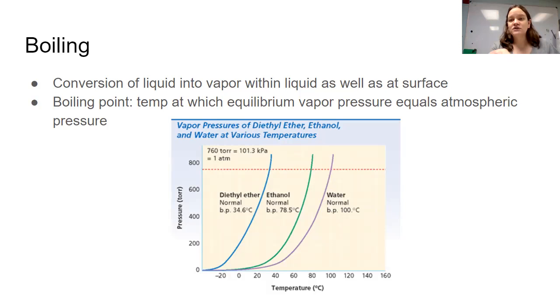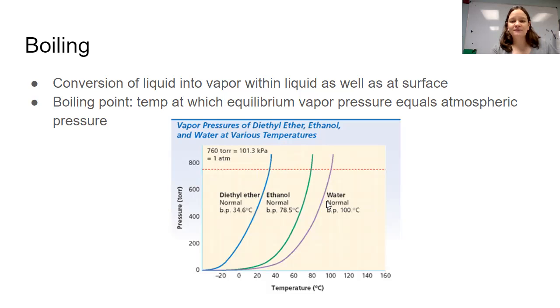Okay, they're all starting to vaporize. And so that usually comes with increasing the temperature. So the boiling point relates to that equilibrium vapor pressure. So the boiling point is when the equilibrium vapor pressure is equal to atmospheric pressure.